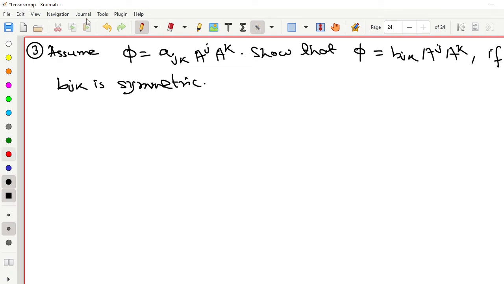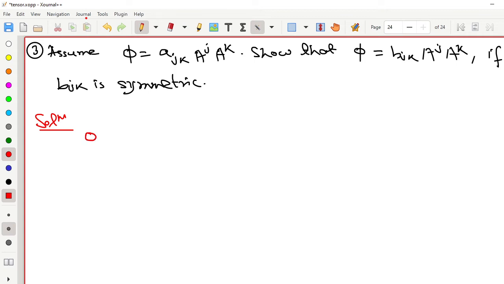Now this one you have to solve tactfully, it's tricky, you have to use the proper trick to solve this. So phi is ajk aj ak, and you have to show bjk aj ak, provided that b is symmetric. Okay, so let me start here. I start with what is given to me.